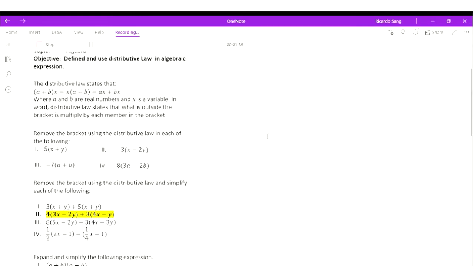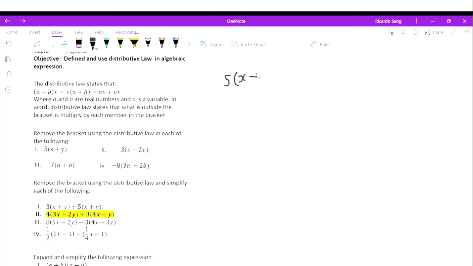It says, remove the bracket using distributive law in each of the following. So for the first one, let's rewrite it. It says 5(x + y). So 5 is outside the bracket, so we're going to multiply by each member inside the bracket.